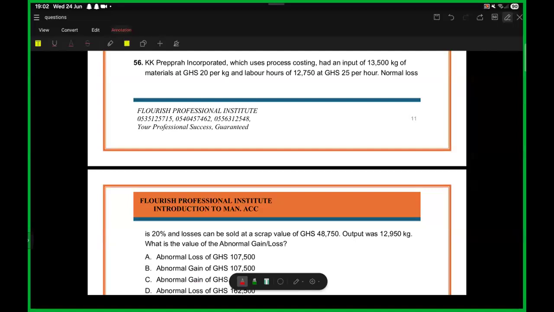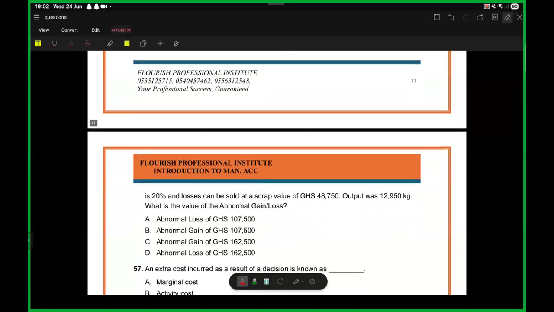Normal loss is 20% and losses can be sold at a scrap value of 48,750 Ghana cedi. Output was 12,950 kilogram. What is the value of the abnormal gain or loss?